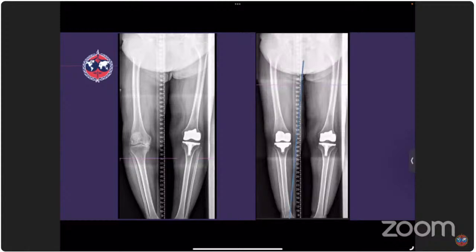What I would like to draw your attention to is the center of mass to center of the ankle lines, and there you go. You see that if you draw a line from the middle of the knee to that center of mass line, then it's a shorter line on the kinematic alignment side, on the right side of the patient.